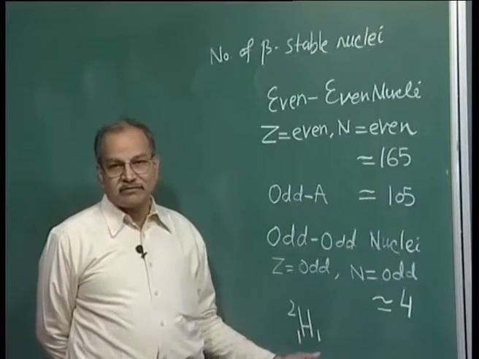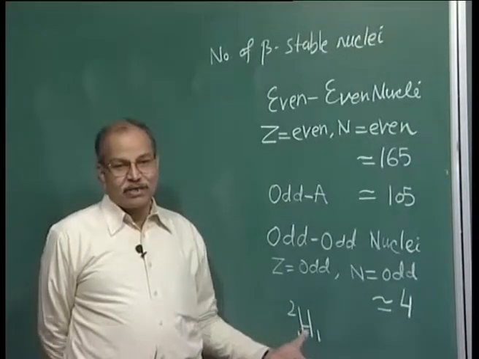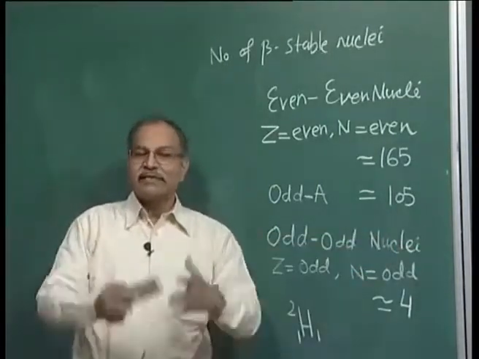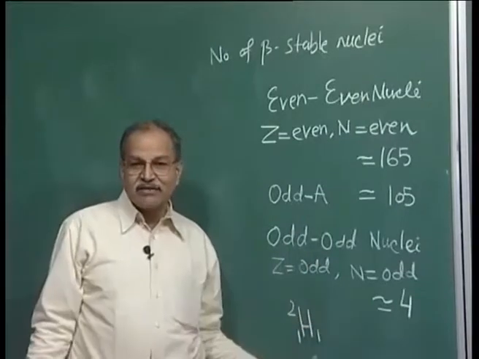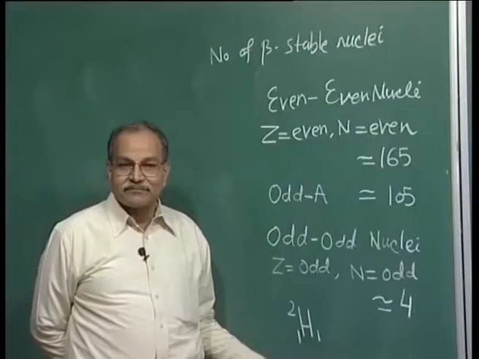It is stable, it does not decay. Total abundance is small, the number of ordinary hydrogen is much more than heavy hydrogen, but whatever is there is stable, it does not decay.